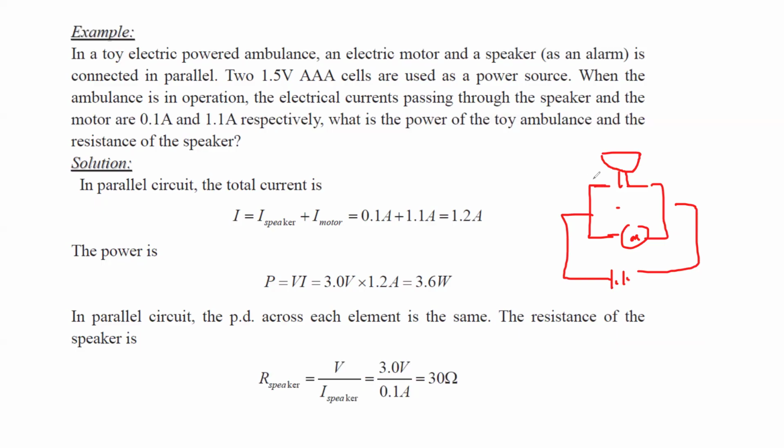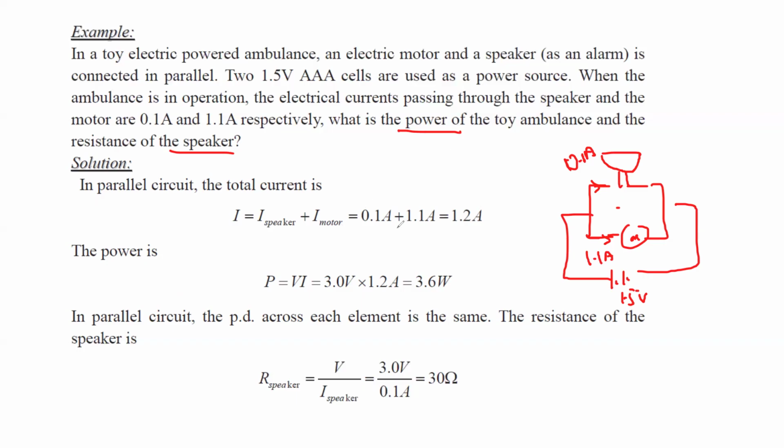The current in the speaker is 0.1 ampere, and the current in the motor is 1.1 ampere. It is operated by 1.5 volt AAA cells. We need the power of the toy ambulance and the resistance of the speaker.